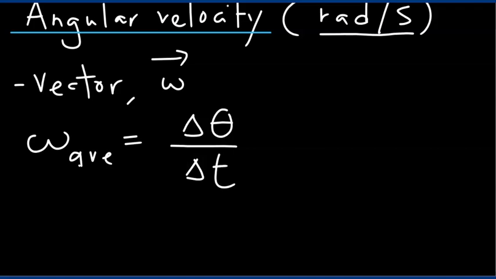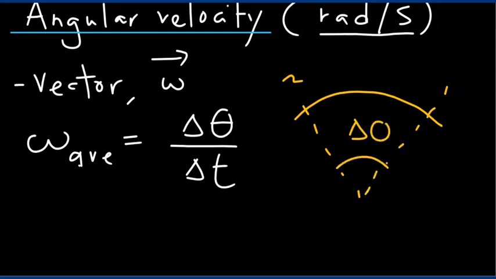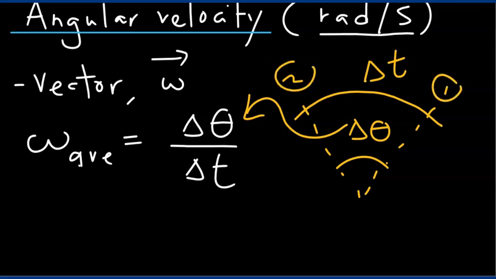That means if you have an object going from point 1 to point 2, and in doing so, it has an angular displacement of delta theta in radians, and it does so in a period of delta t seconds, then its average angular speed from point 1 to point 2 is given by this equation.